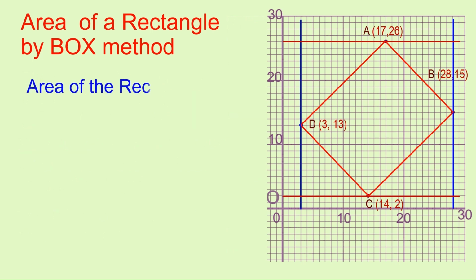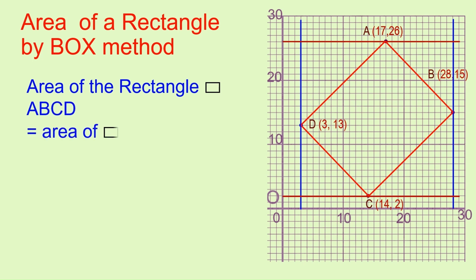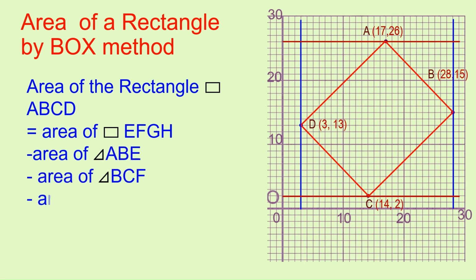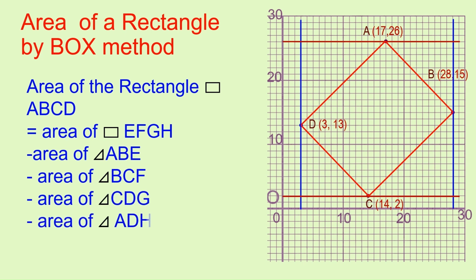Area of the rectangle ABCD equals area of rectangle EFGH minus area of triangle ABE minus area of triangle BCF minus area of triangle CDG minus area of triangle ADH.